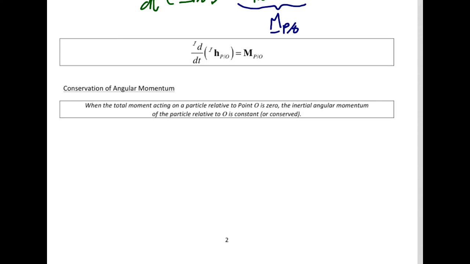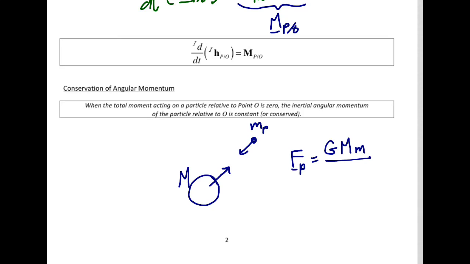And so, remember, in orbital motion, where you've got the big mass, and then we've got either a satellite or maybe another planet or a moon, and this is our little mass of point P, then there's a force in between, pulling these two objects together, which we call big gravity, and that force is equal to the gravitational constant multiplied times the mass of the big mass multiplied times the little mass, divided by r squared.